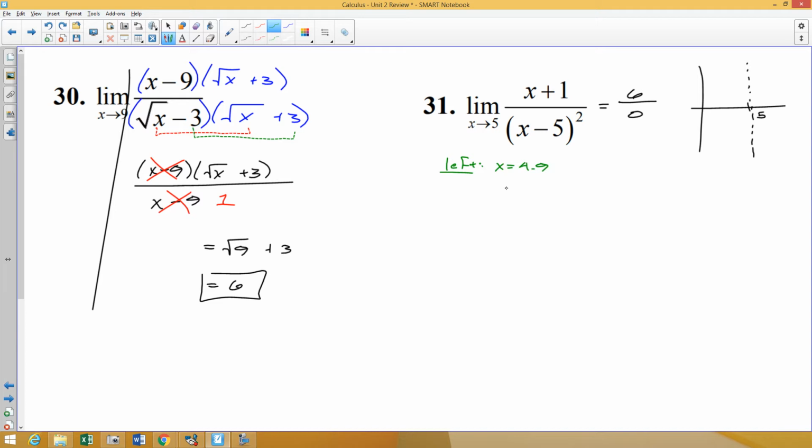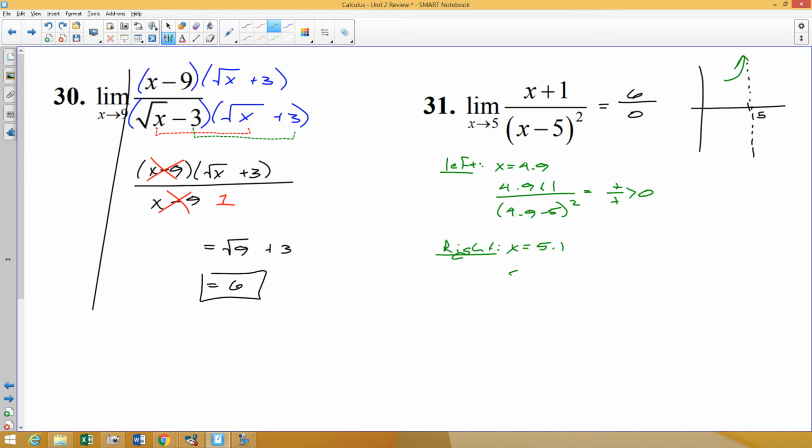And if I do that, I get 4.9 plus 1, which will be positive, over 4.9 minus 5, but I square that, and that's going to give me 2 positives. It's greater than 0. That means my left side is going up. My left side's way up there. My right side, I'm going to test with 5.1.